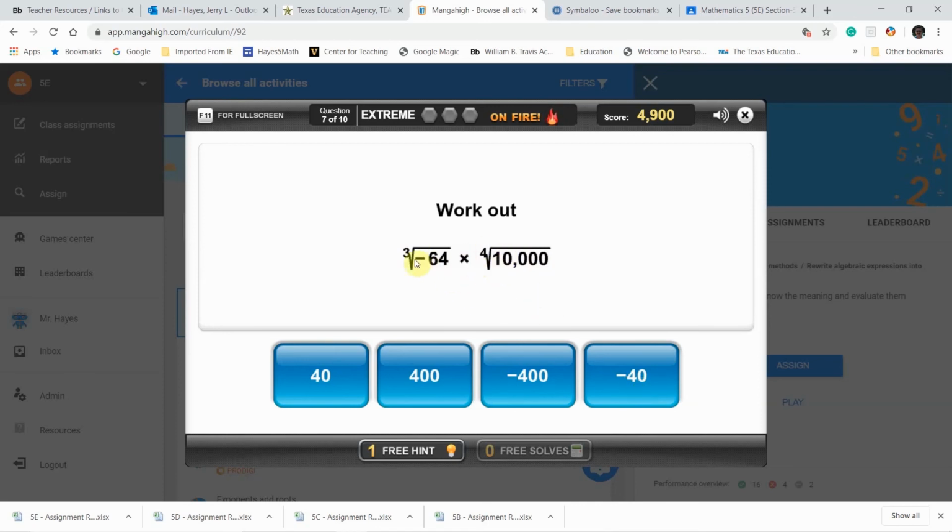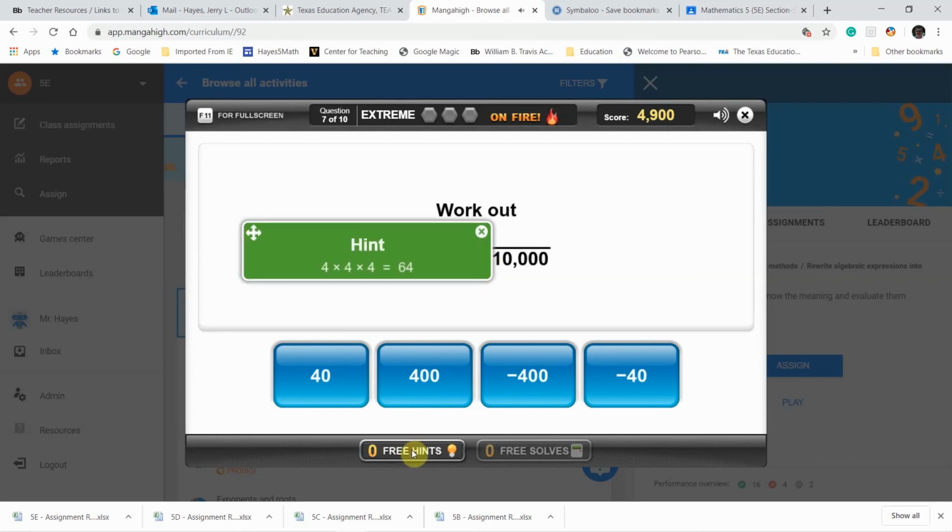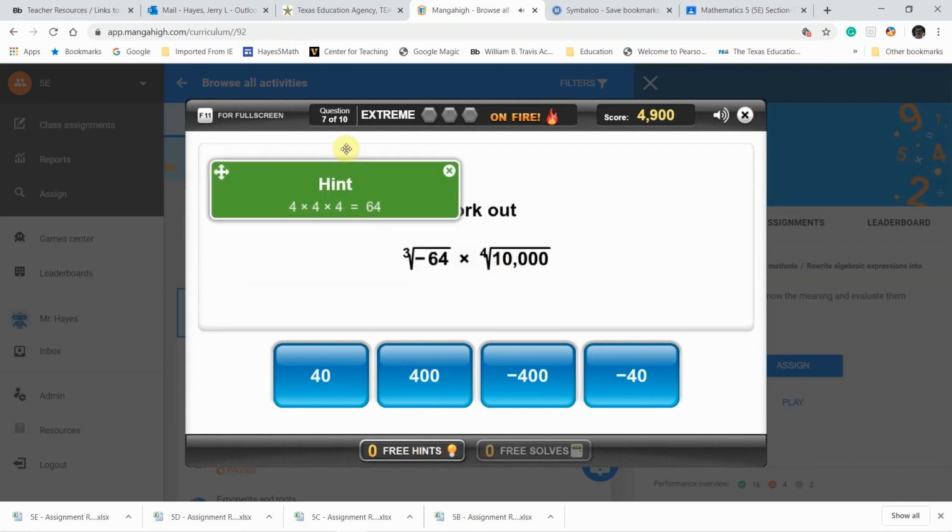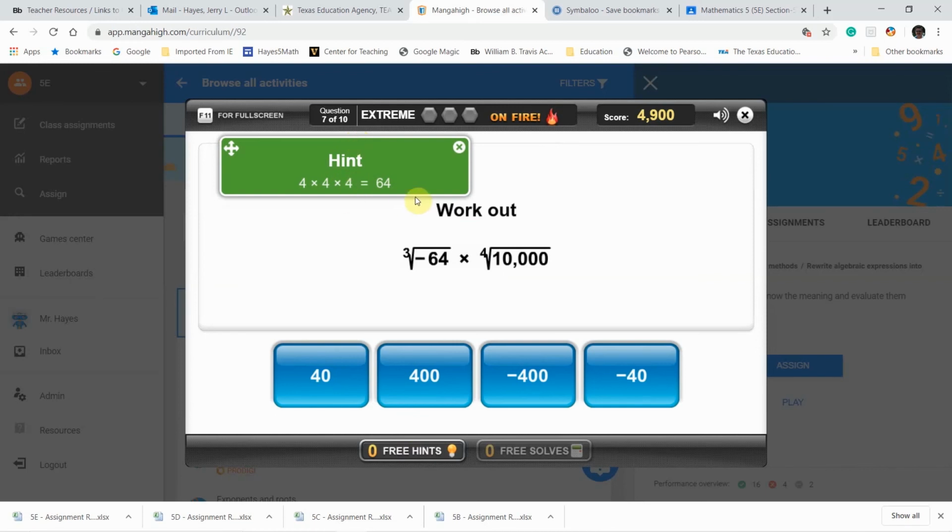And what times 4? Good question. Let's get the hint on this one. 4 times 4 times 4 is 64. So this would be 4. So 4 times 5. Is that right?